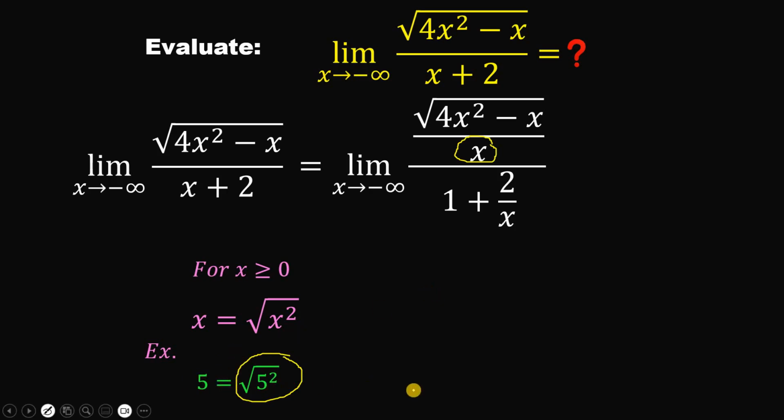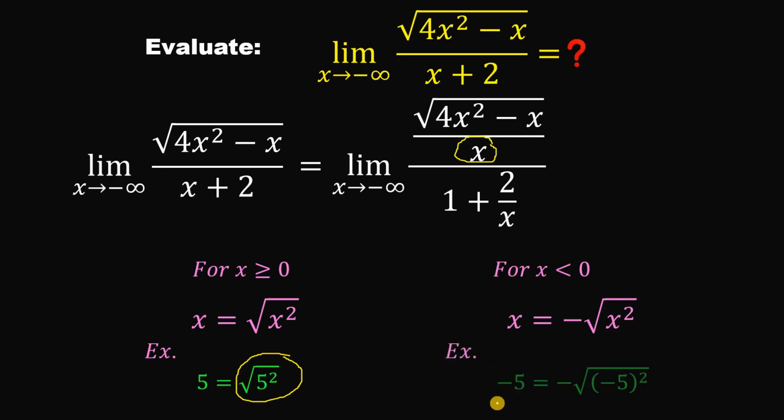Now, there's a problem when x is less than 0, a negative number. We can rewrite x, when x is a negative number, as negative the square root of x squared. For example, if x is negative 5, we can rewrite negative 5 as negative the square root of negative 5 squared.